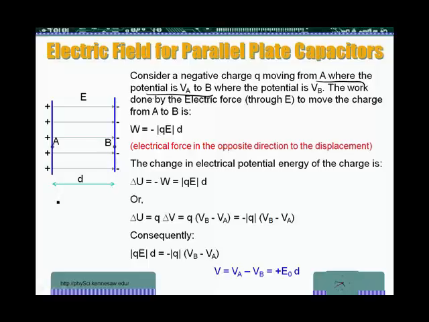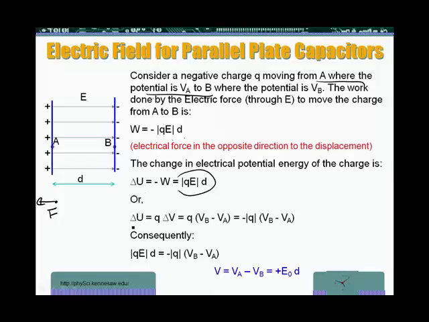The difference here is my electrical force is in this direction, which means that the work done by the force is going to oppose the displacement, so it's the magnitude of the force times d with a minus sign, minus QE times d, which means that the change in electrical potential energy is going to be positive in this case.